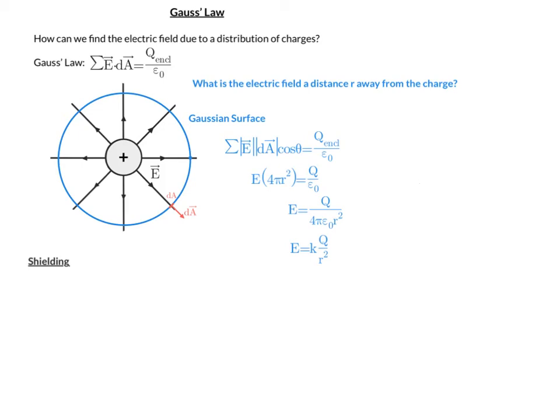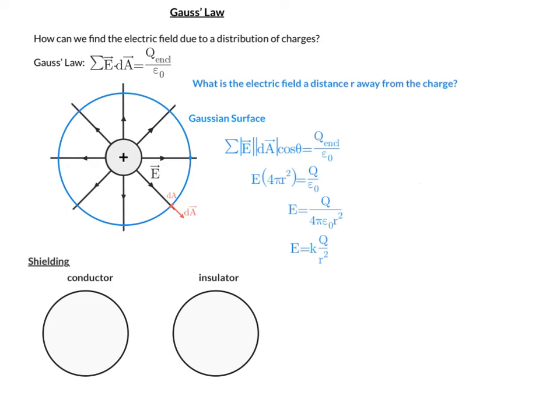Now, let's look at shielding. What is that? So let's compare a conductor with an insulator. Let's say that we have a conducting sphere and an insulating sphere, and they are neutral from an electric point of view, and then we bring a rod that has charges on it and touch the conductor, and then we bring a different rod and touch the insulator, and what happens is this.